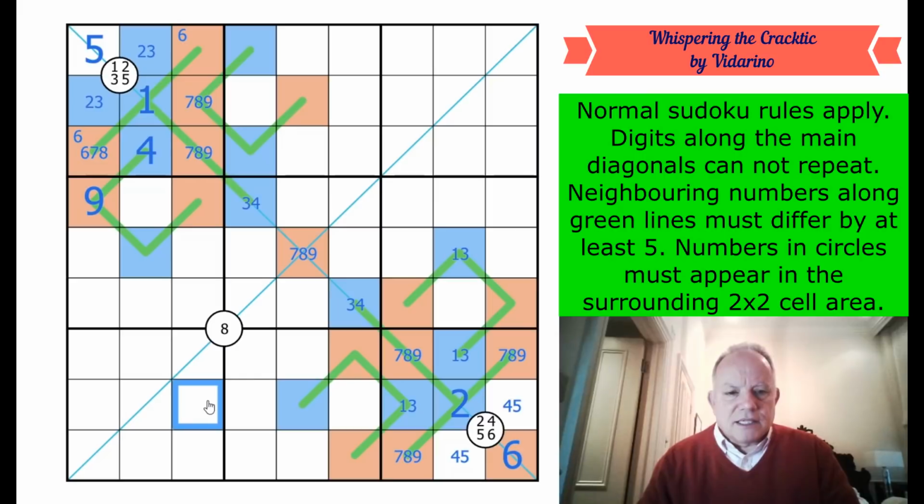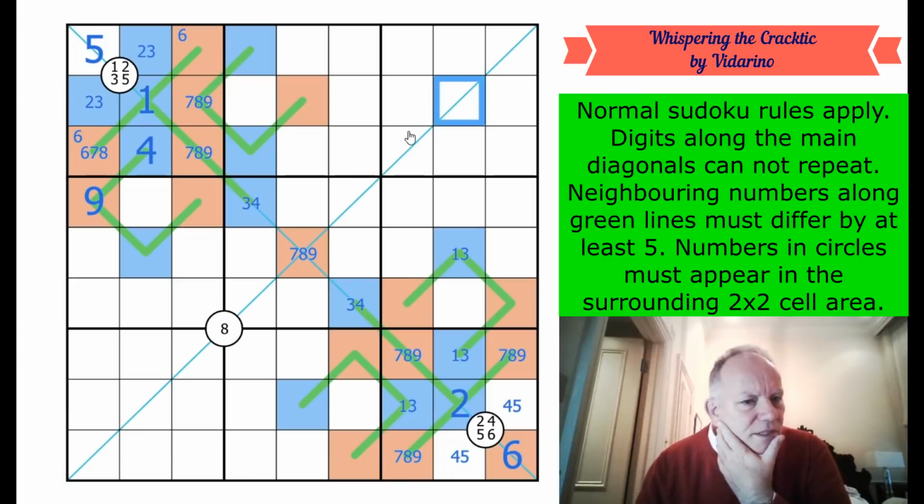So this cell is either the last blue or 5. I don't know, that's not that good, is it? Maybe there's an equivalent cell up here. I don't think there is. I'm not quite seeing how we're meant to move forward with this. I think I'm being a bit slow here.